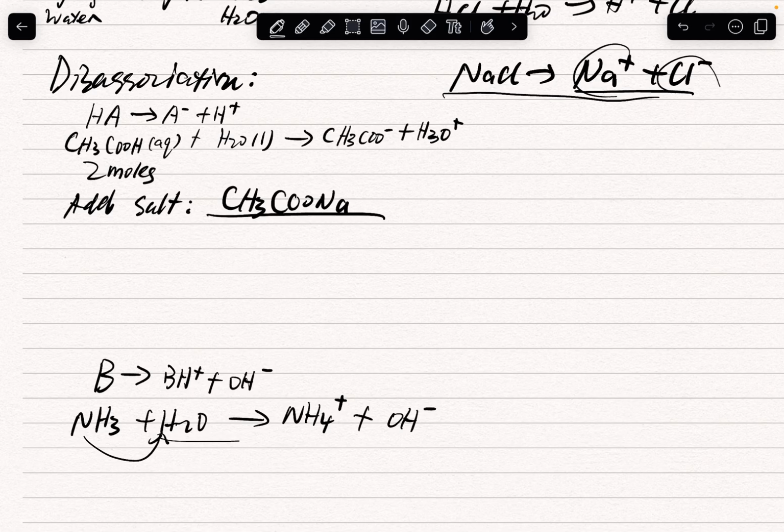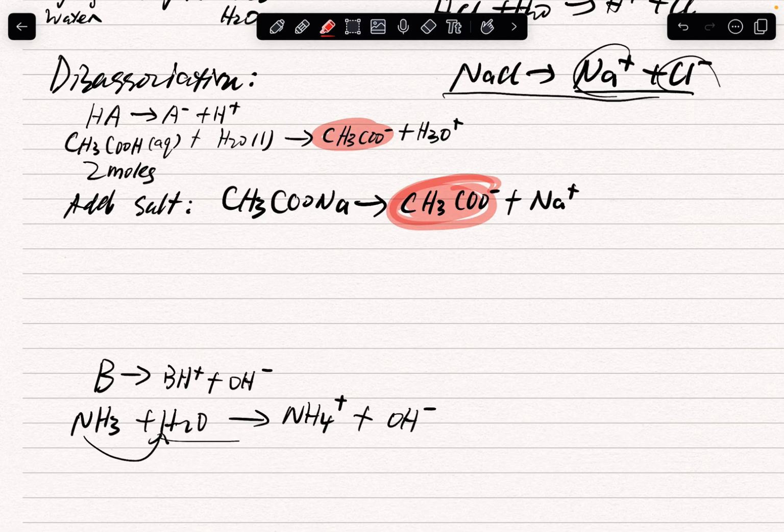So does this salt that I provide you. It's a soluble one, so it will be broken down into CH3COO minus plus Na plus. Okay, different ions. Now things are going to change, because as the salt breaks down, I have so much of this guy, right? And this guy is also the product of my weak acid dissociation reaction.